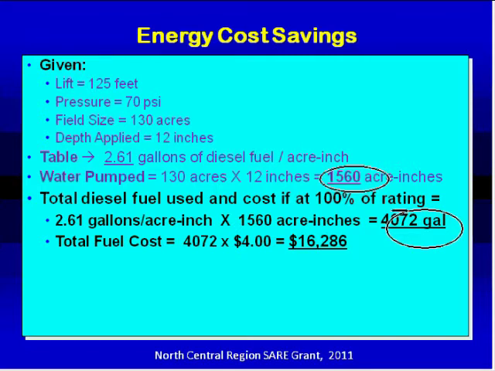We multiply it by the cost of diesel fuel, whatever that might be, and we come up with a value of $16,286 here using $4 per gallon of diesel fuel. So a lot of money spent to apply irrigation water to the field in this particular scenario.